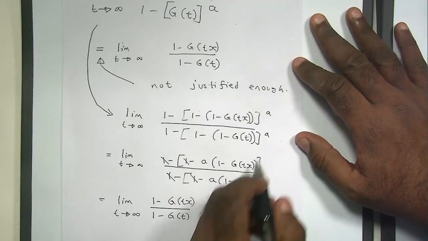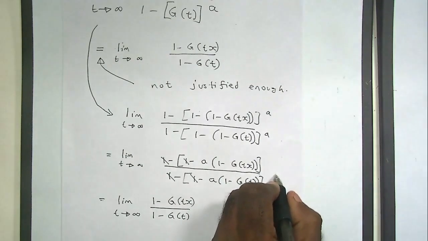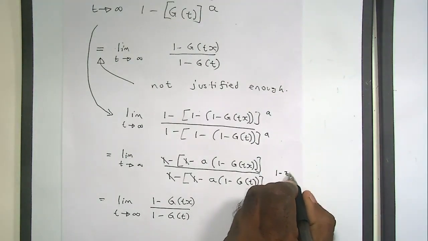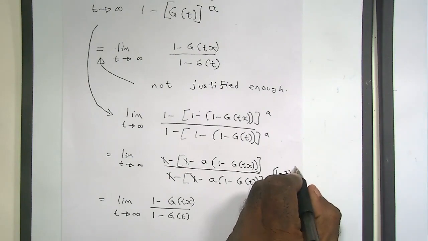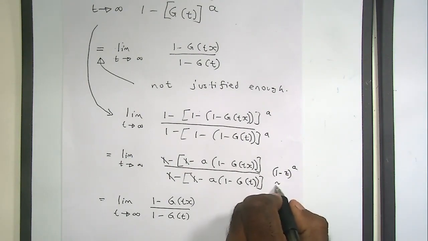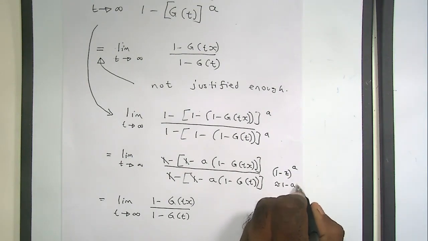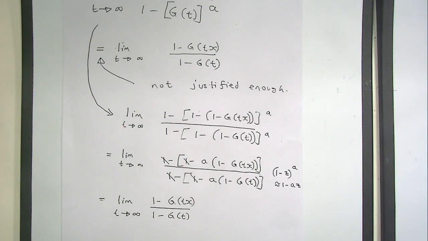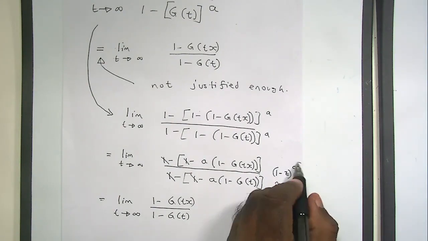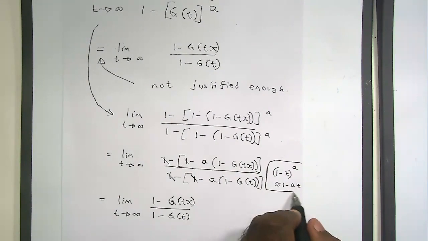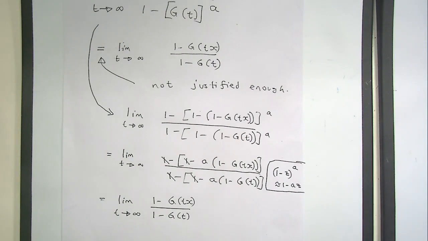And in this step here, I've used the argument that as z approaches 0, this is the result I have used. You follow me on what I've done?